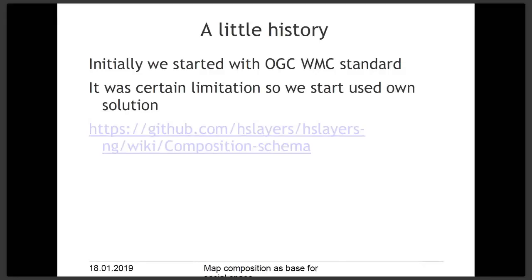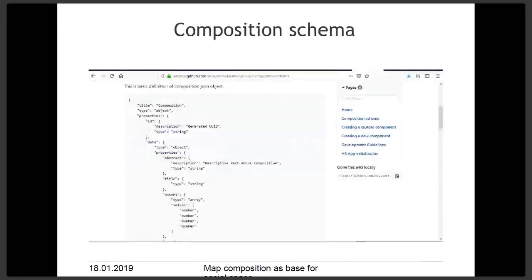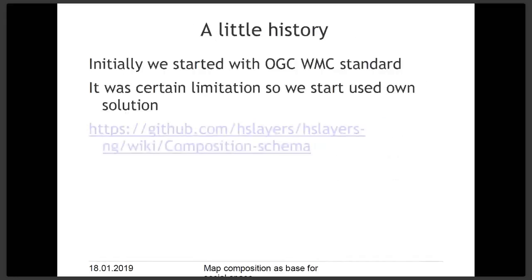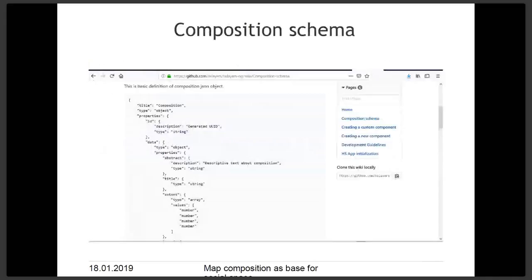This schema is available on GitHub, and if you are interested, you can study it on the GitHub of the HSLayers NG software, which was the first to fully implement work with this schema.